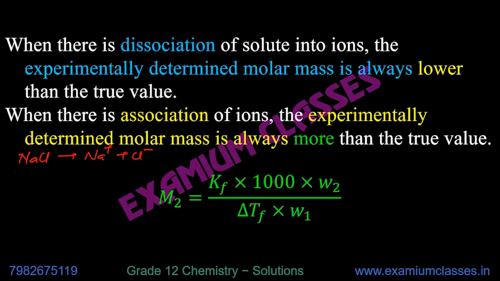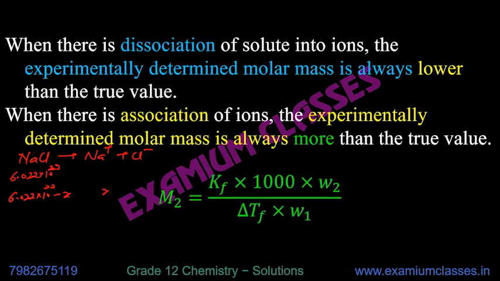Suppose some part of it dissociated, some part of it ionized, not all. So initially say it was 6.022 into 10 to the power 23. Then after dissociation, there will be some NaCl left. It will be 6.022 into 10 to the power 23 minus X, some part dissociated, okay?